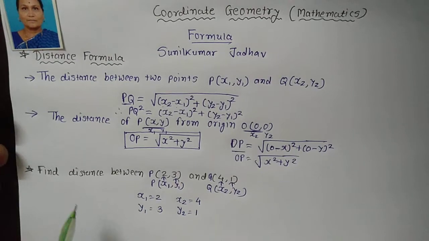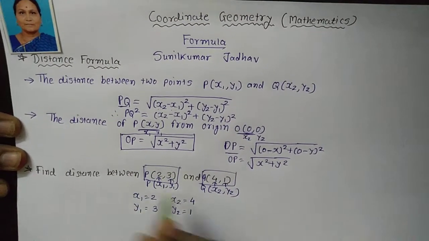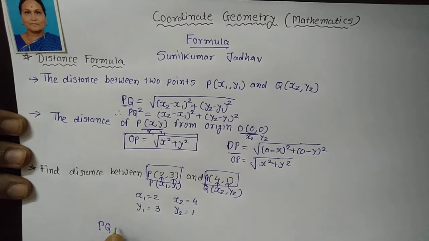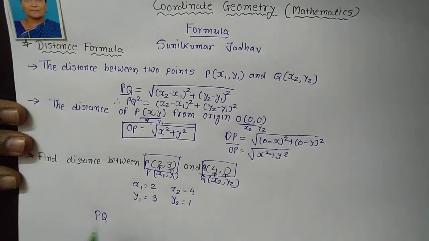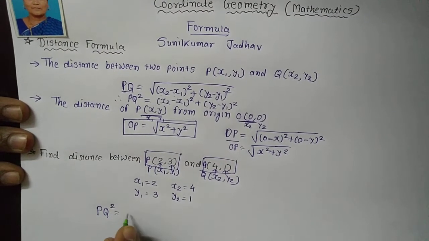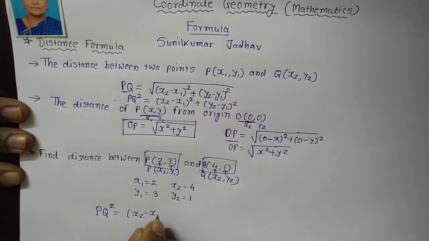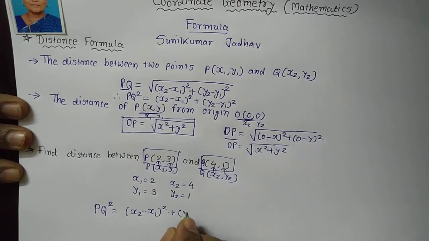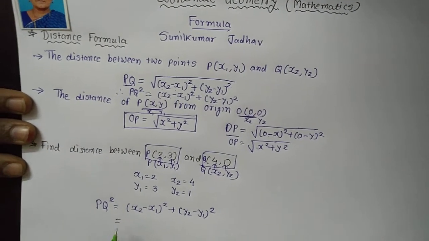Now we need to find the distance between these 2 points P (2, 3) and Q (4, 1). We'll put in the distance formula, and as I told you, to make it simpler we'll do the squaring. So PQ square is equal to, as per the formula, (x2 minus x1) whole square plus (y2 minus y1) whole square. Now I'll put in the values.